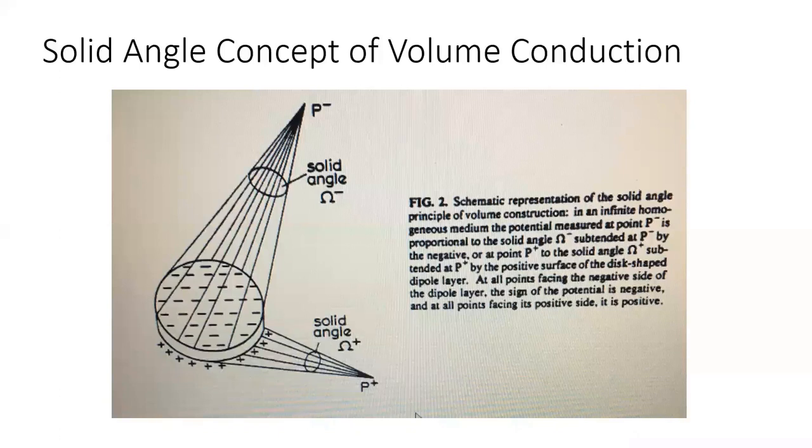You can think of this dipole like a coin: one layer of the coin is negatively charged and the other layer is positively charged. And the electrodes on the scalp are like spotlights. We're recording what the spotlight sees.